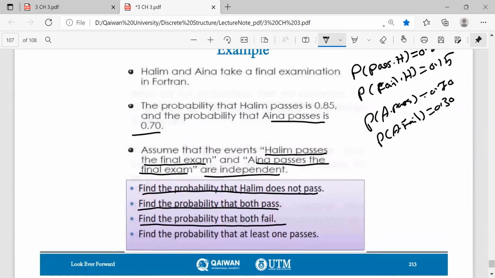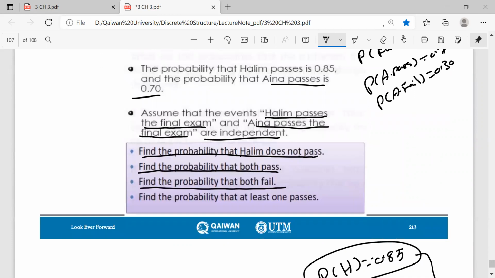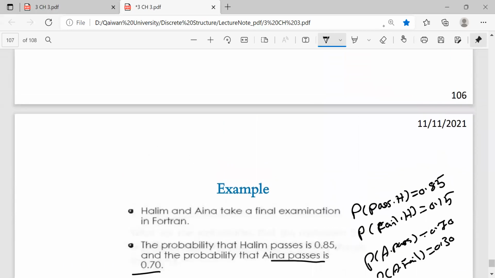Then the last part says find the probability that at least one pass. At least one pass. That means it's the complement of both failing. Let's write down the sample space.